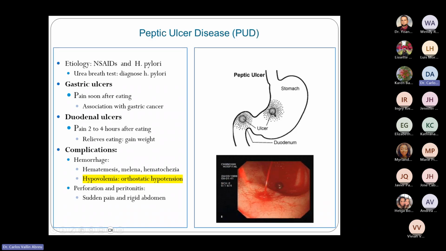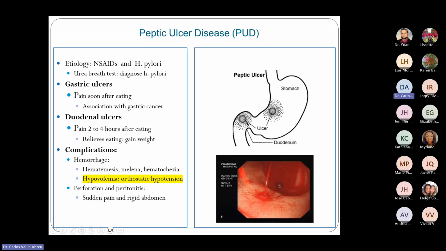So when the client vomits, probably the emesis has this aspect of coffee ground. If you do an occult blood, a hemoccult test, in this vomit, it will be positive in confirmation. But if the blood passes through the pyloric valve to the intestine, it's going to take several hours of intestinal transit.